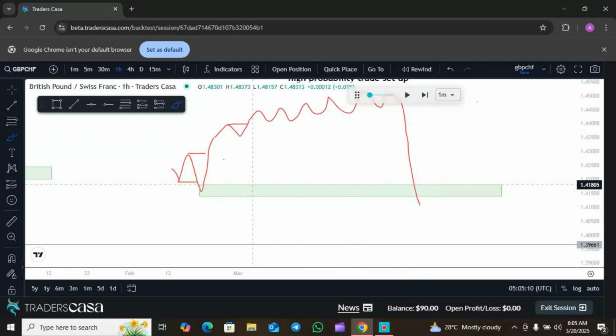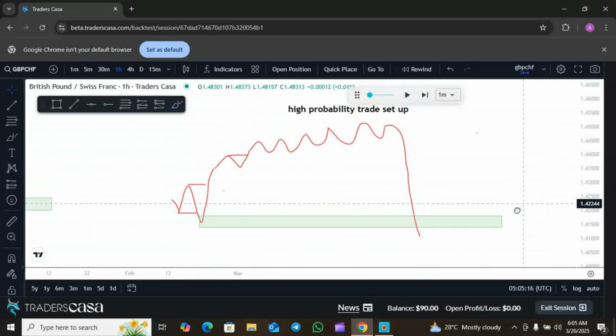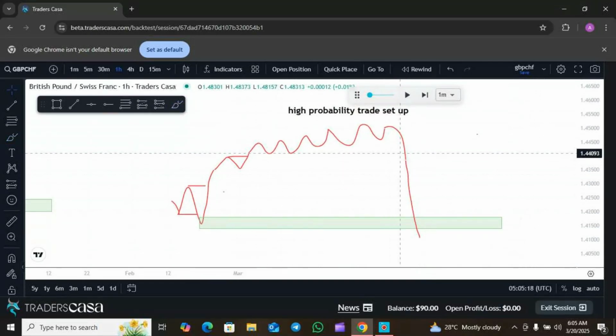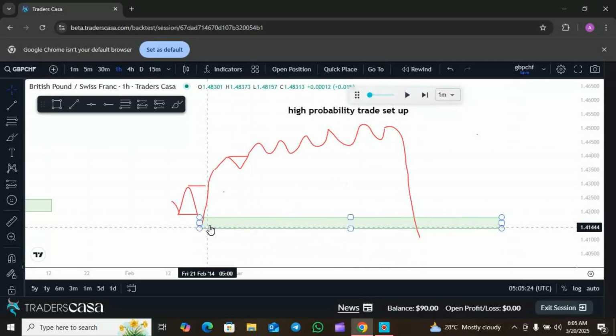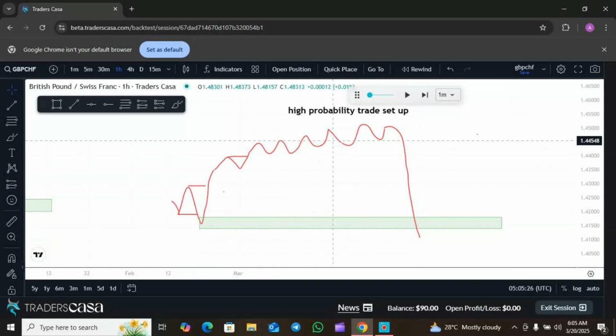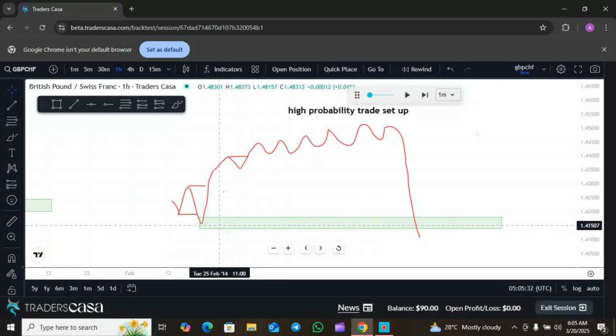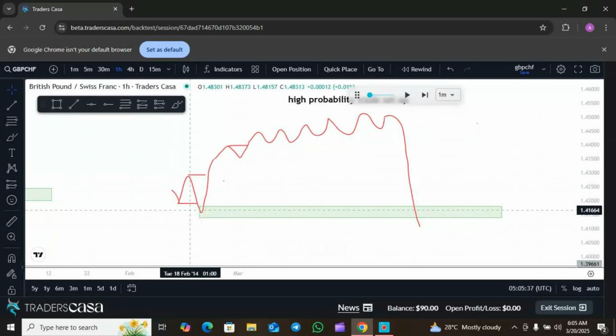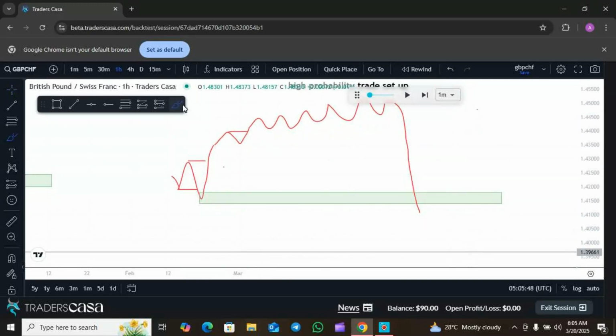So if you are trying to use here as your main POI, whenever you have a high probability trade setup, price will always sweep it out. It is called liquidity build up. So it will always take the POI of this main low out.